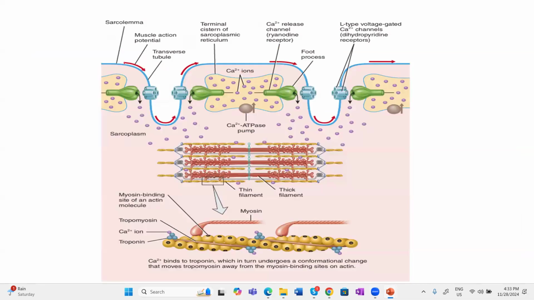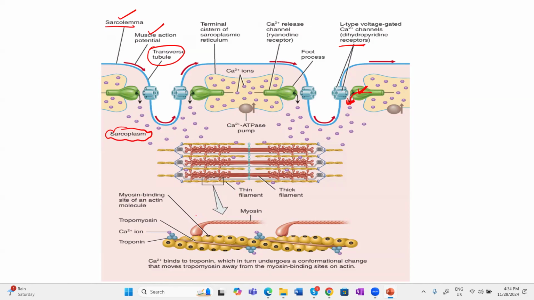Now see here. When the action potential reaches the muscle fiber, the transverse tubule, which is nothing but an infolding of the sarcolemma, this is the sarcolemma, goes down. As a result, these receptors get separated from this channel, so that now calcium will come out from the sarcoplasmic reticulum and increase in the sarcoplasm.